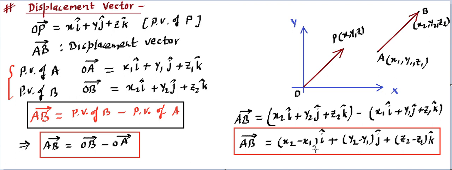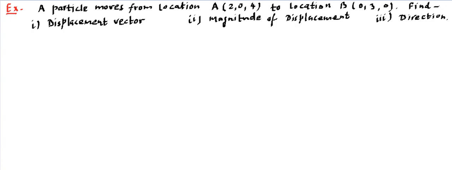Just to make it more clear, let's take an example in which we will be writing down the displacement vector, and finding its magnitude and direction, all of it. Here is the example. The example says a particle moves from location A, which is known to us, to location B. B has been given its coordinates.